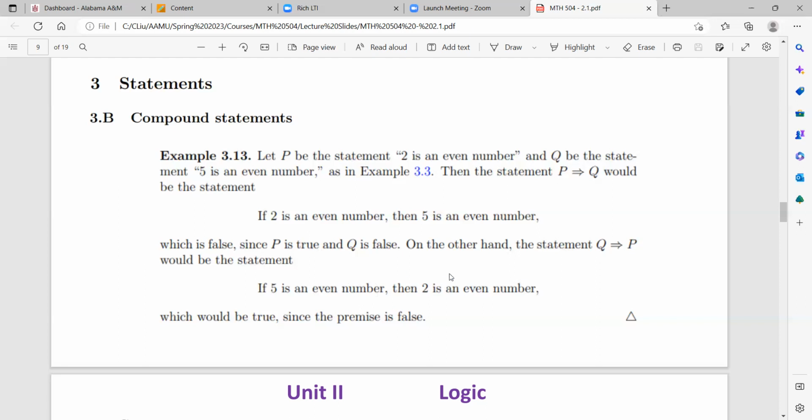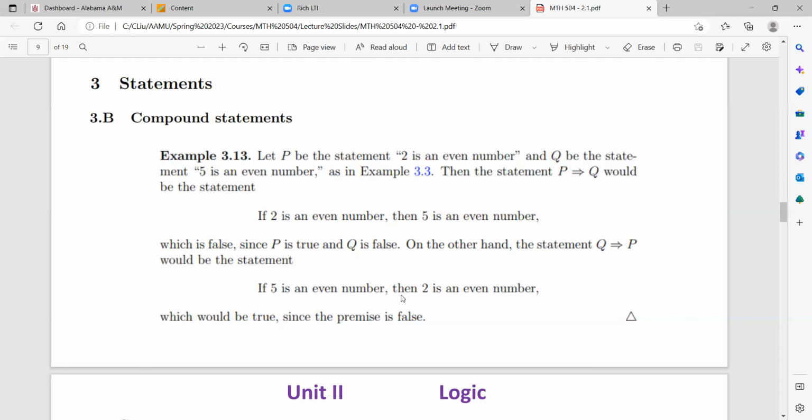But if you use the definition of implication, the first statement is false and the second statement is true. And this compound statement is true according to the definition, because the only time when this compound statement is false is when the first statement is true and the second statement is false.